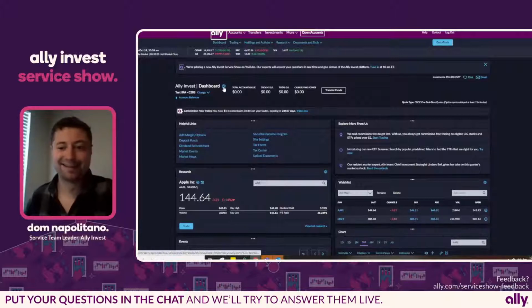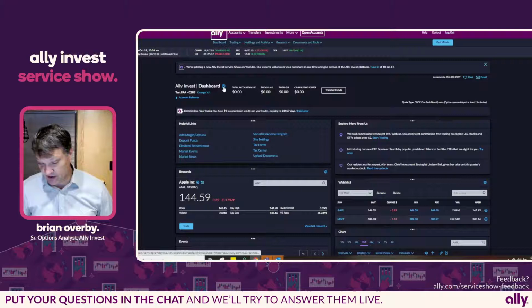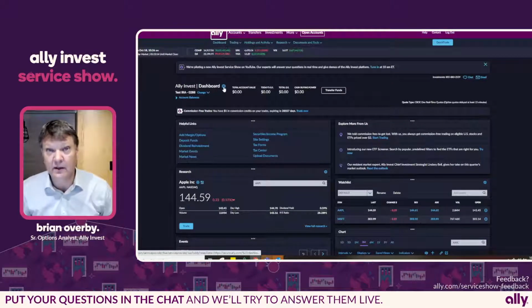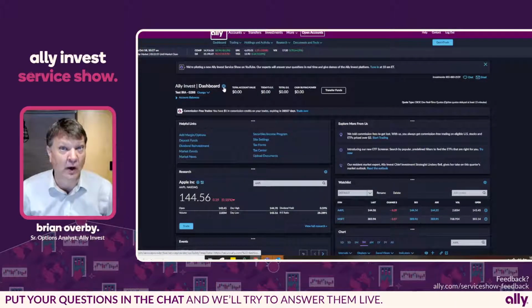With that said, Benjamin does ask, under what tab? In other words, the question is, in general, how do I add the margin feature? The other thing I wanted to point out with margin is that you cannot do that in an IRA account or a retirement account. Those are considered cash accounts. So you cannot leverage your IRA account or a Roth account, or in general most retirement accounts, because the government will not allow you to use leverage on those.